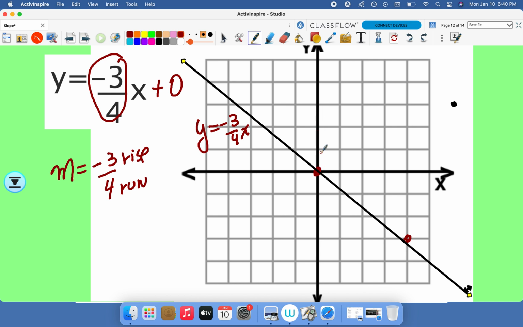If I go 3 up, 1, 2, 3, and then 1, 2, 3, 4, and I adjust my line, that's what it should look like. Notice that from this point to another point that I can measure, it's 3 up and 4, like that, or 3 down and 4 to the right.